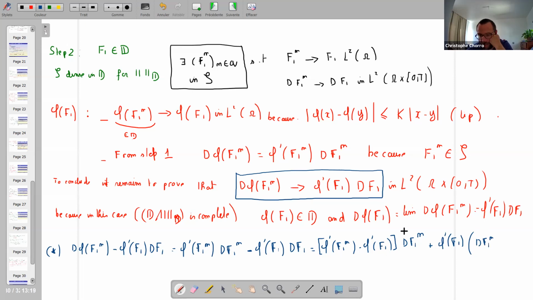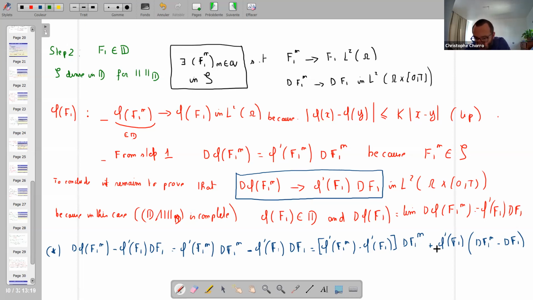I add this term and subtract the same in order to preserve the equality. My job is to prove that this goes to 0 in L2 of omega times 0 capital T. So let's examine all the terms.